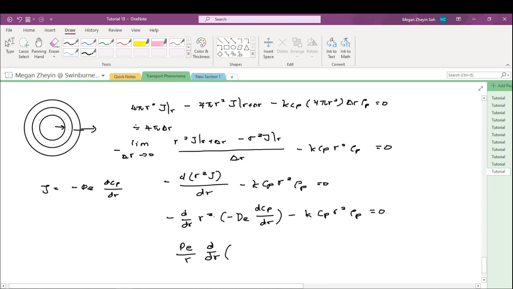Because R is a variable, we keep it inside: r squared dC_P over dr, minus k C_P rho_P r squared equals 0.